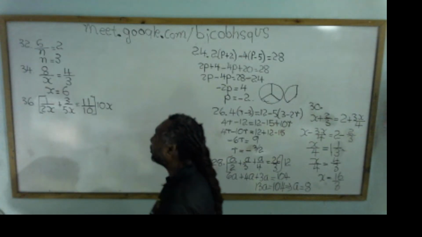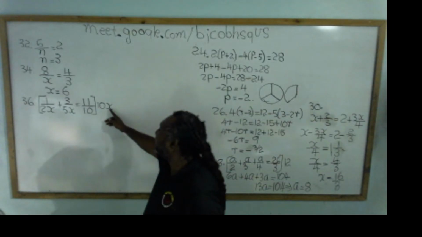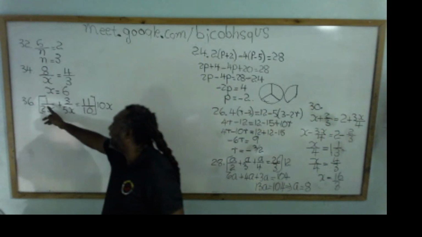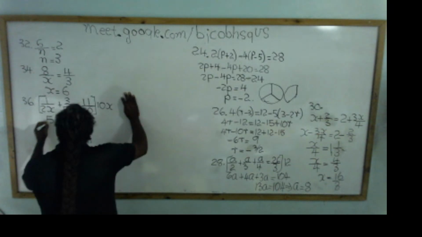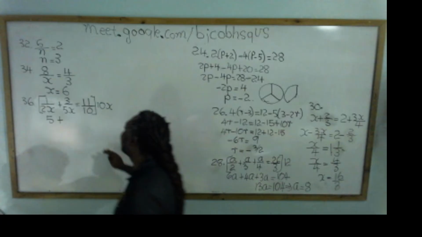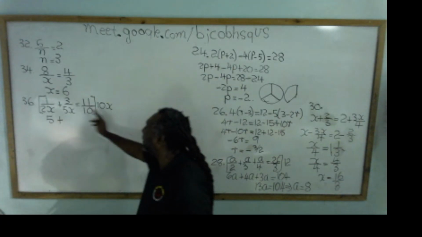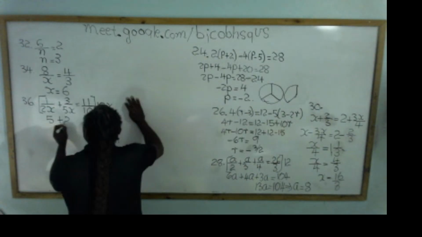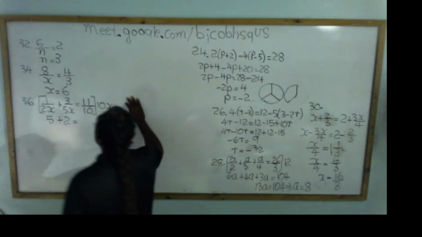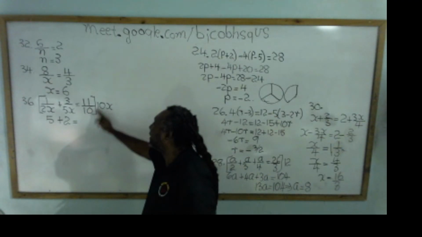Now, students, 2x into 10x, the x will cancel, and then 2 into 10 is 5. So all that will be there is 5. 5x into 10, the x's will cancel, and 5 into 10 is 2. The 10 will cancel and leave the x.